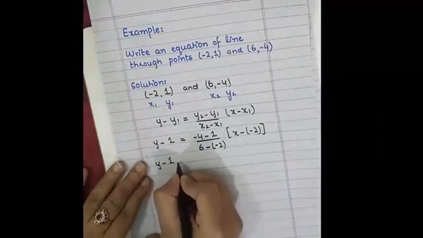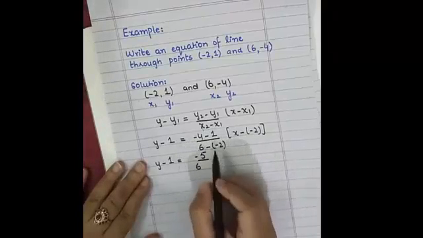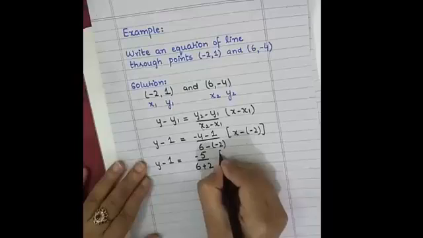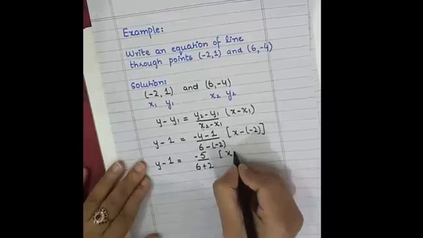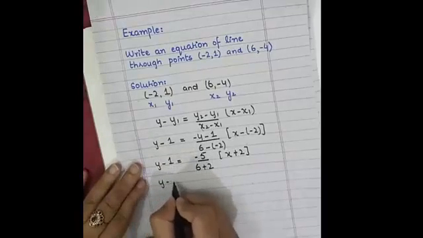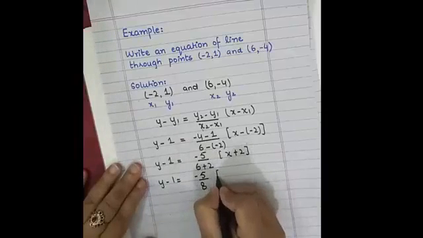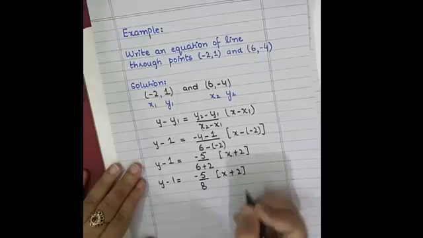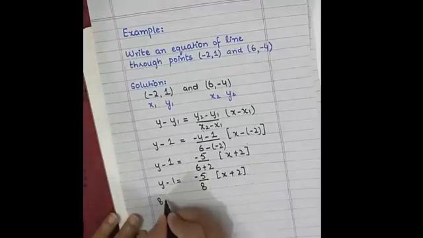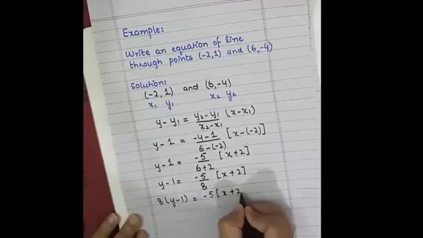So y minus 1 is equal to minus 4 minus 1, which is minus 5, divided by 6 minus minus 2, which is 6 plus 2, which is 8, into x plus 2. Taking this 8 to the other side of equality to form the equation more easily: minus 5 times (x plus 2).